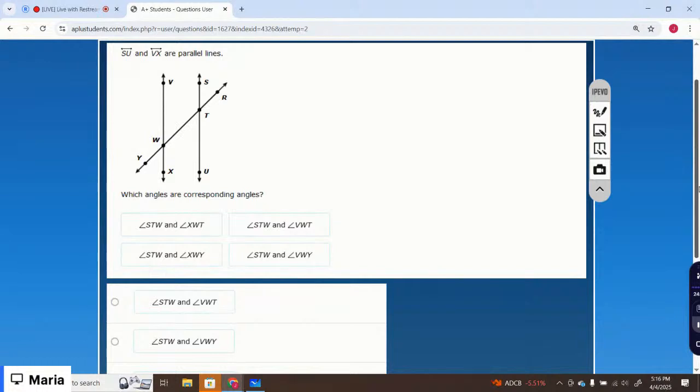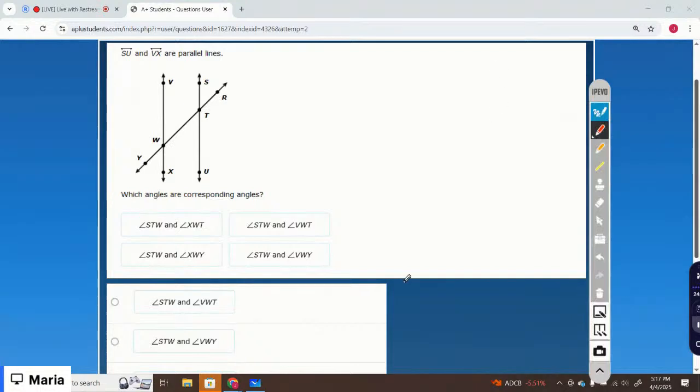So the corresponding angles are STW and XWT. Yes, they both are the corresponding angles. Option number A is the correct option. STW and XWT is the correct option.